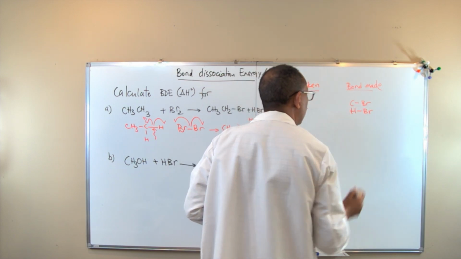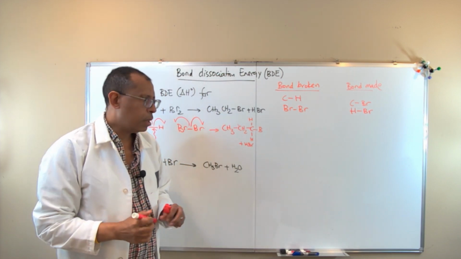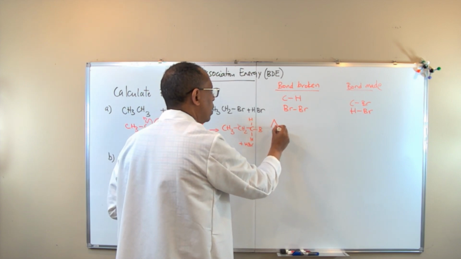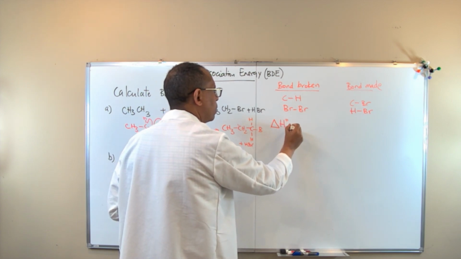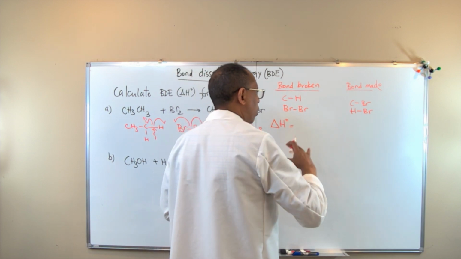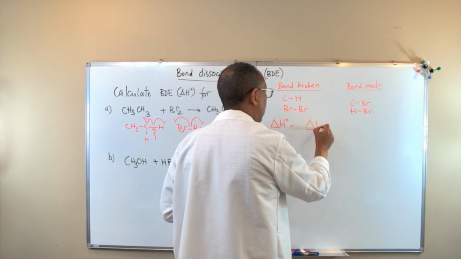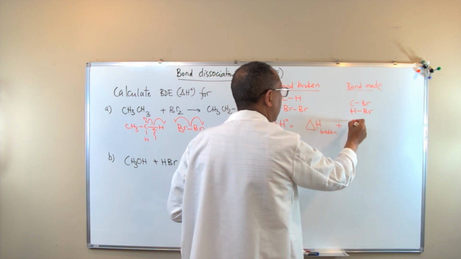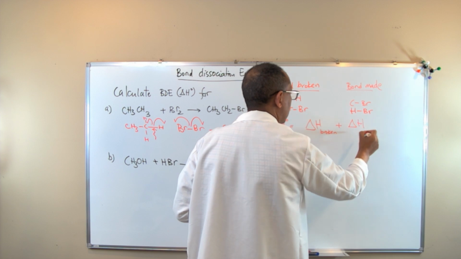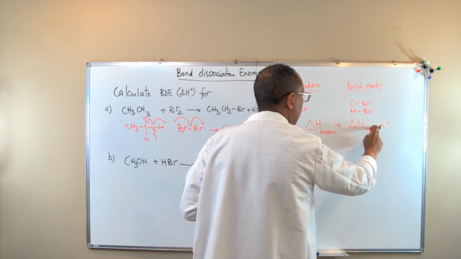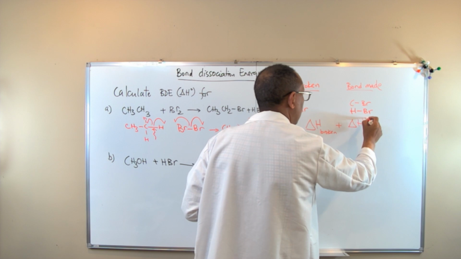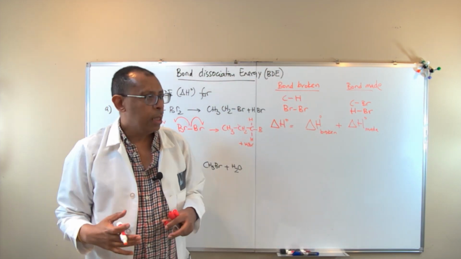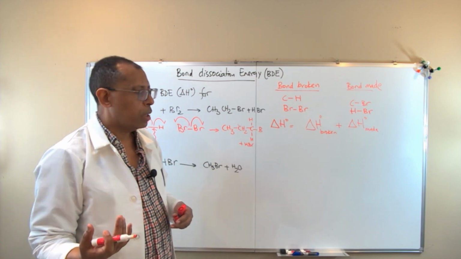So in this case, now in the equation, delta H equals adding all of the delta H that are broken and adding up all the delta H that are made. Usually these are given in a tabular form in reference materials.